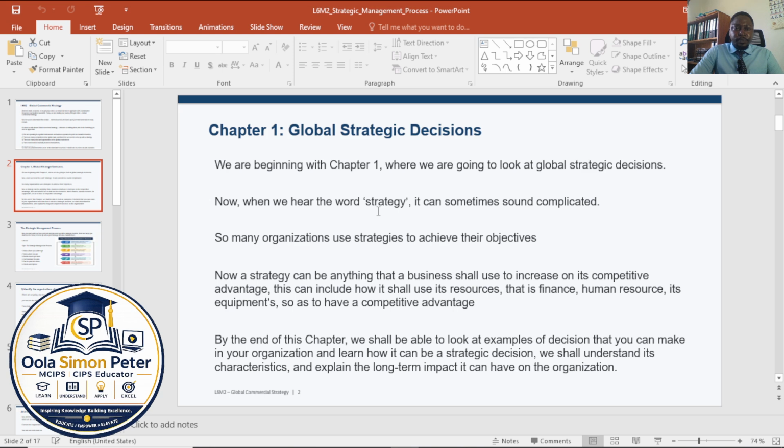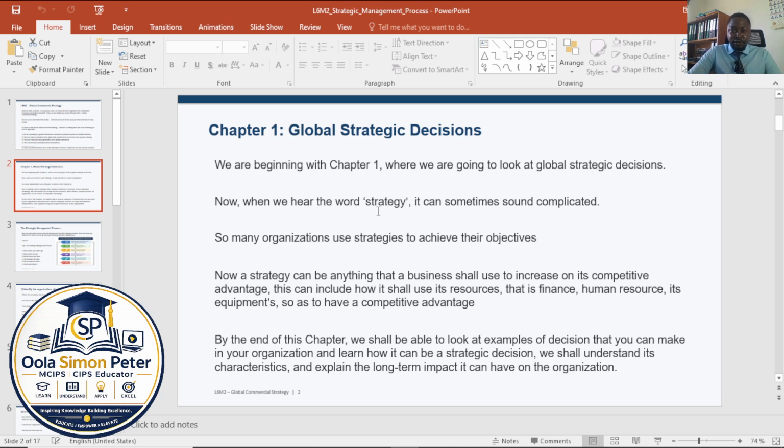Good. So we shall start with Chapter 1, which is about global strategic decisions. In Chapter 1, we are going to look at how to identify strategic decisions and how we can come up with these strategic decisions. Now, the word strategy may sound complicated, but so many organizations use strategies.